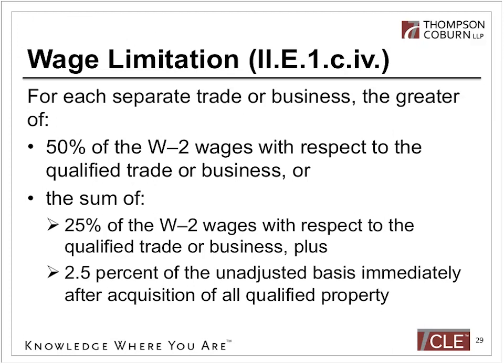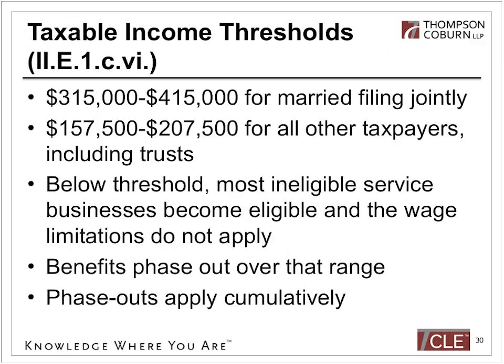So this wage limitation can reduce your deduction. And I mentioned on the prior slide that if your taxable income is below thresholds, then that wage limitation does not apply. And here's the taxable income threshold. For married filing jointly, that's taxable income, not your business income, after you count all of your business and non-business income and non-business deductions.